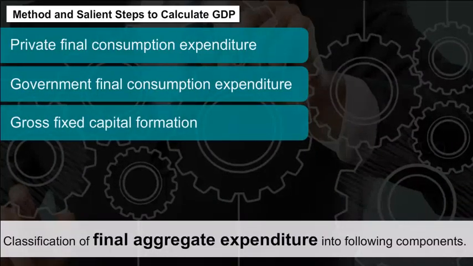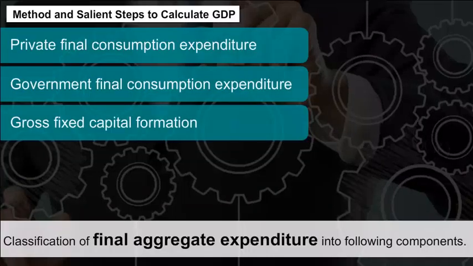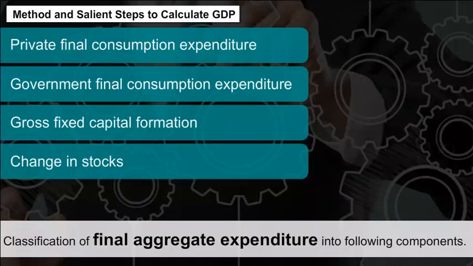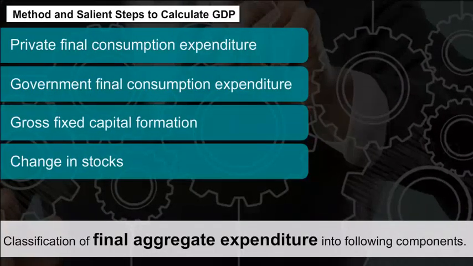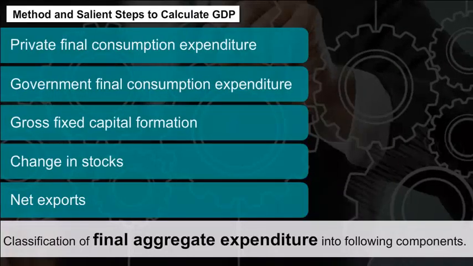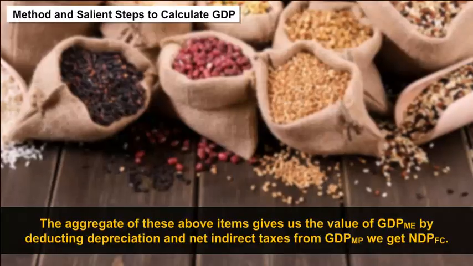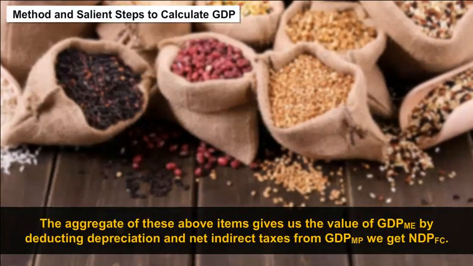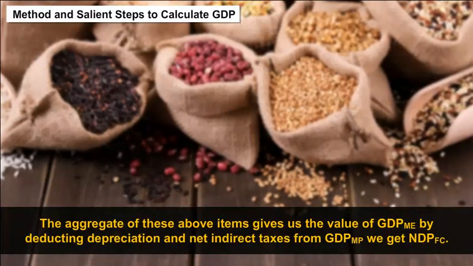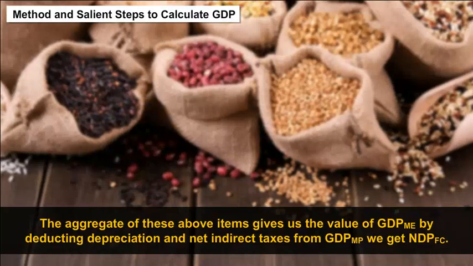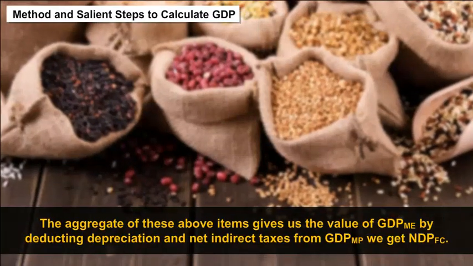C. Gross fixed capital formation. D. Change in stocks. And E. Net exports. 3. The aggregate of these above items gives us the value of GDP at MP.